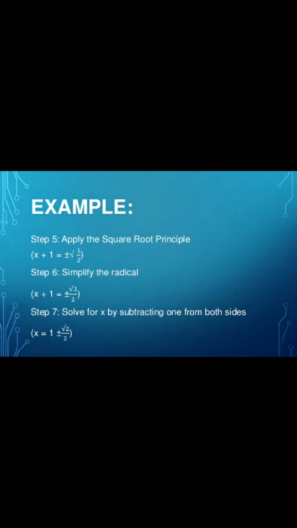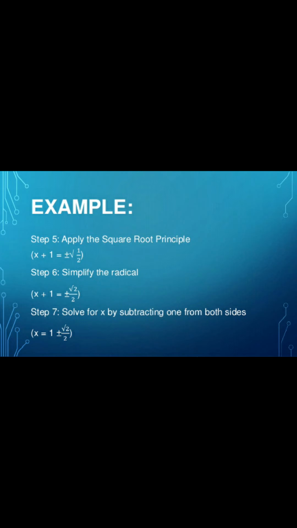In this step, you rationalize because we can't leave root 2 in the denominator. In the seventh step, solve for x by subtracting 1 from both sides. So we take 1 to the right side and the equation becomes x is equal to minus 1 plus or minus root 2 by 2.